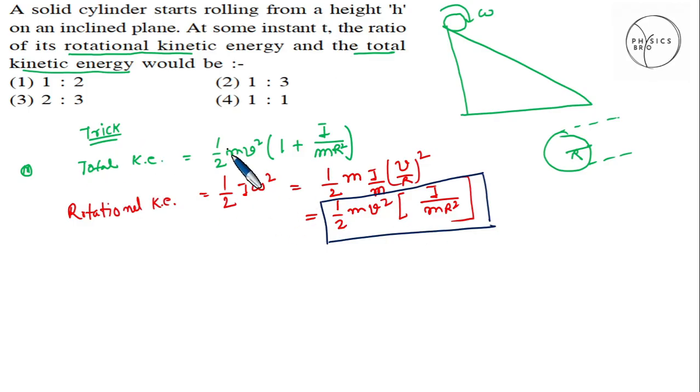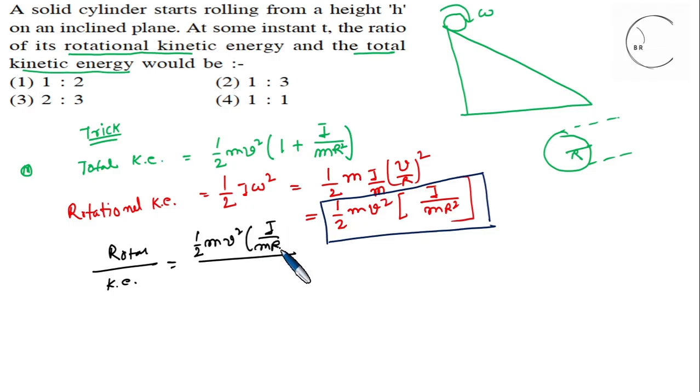They ask for the ratio of the rotational kinetic energy to the total kinetic energy. Rotational kinetic energy is half m v square times I by m r square, divided by half m v square times 1 plus I by m r square. I am not putting any values, just doing some maths.